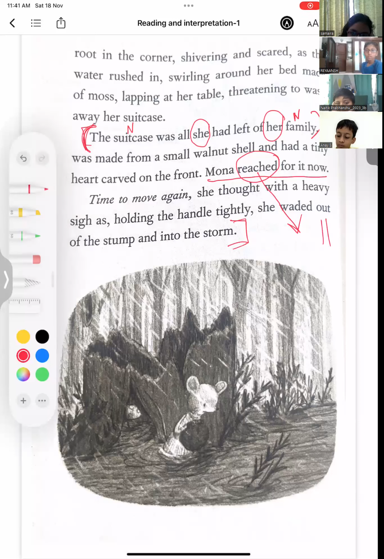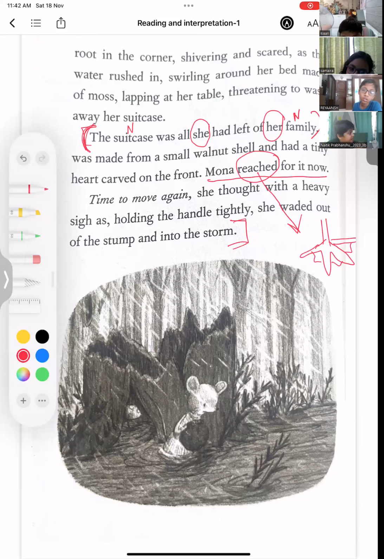Their feet are structured like this, which makes them special for swimming in the water. If we are walking in water, we'll say wading, because it's very difficult for humans to walk in water, right? So we say as if we become a bird and we are wading out.